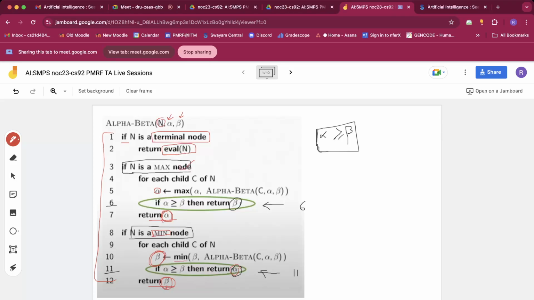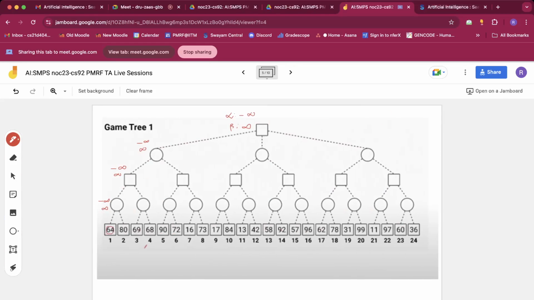It will inspect the beta value. It will choose the minimum of its current beta and the beta that its children have to offer. So its current beta value is infinity, and the beta value that its first child has to offer is 64, and 64 is lesser than infinity. So we update the beta value to 64.